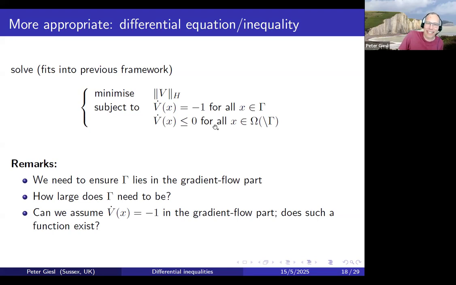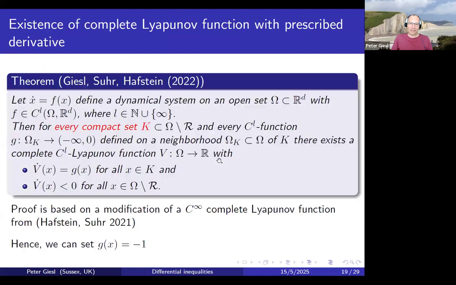Conceptually, it would be nicer if we don't need to put any information in, because we want to get all the information out. We want to find a complete Lyapunov function that then tells us what the dynamics of the system are. So it would be nice to have a problem that we numerically solve that just gives us the complete Lyapunov function without any prior information.